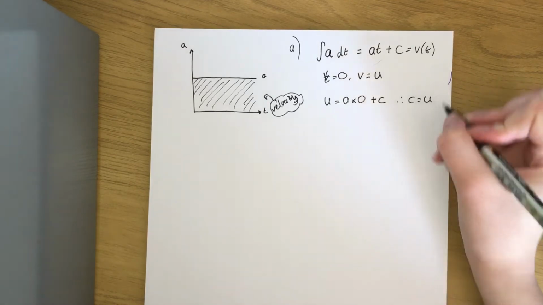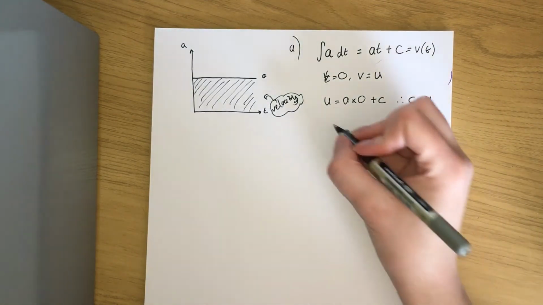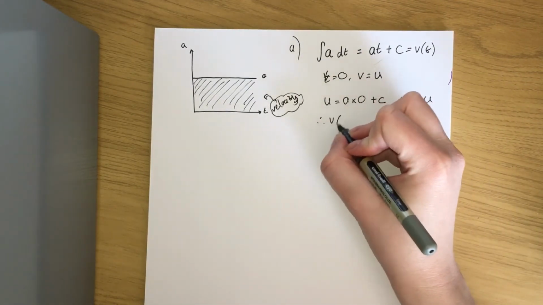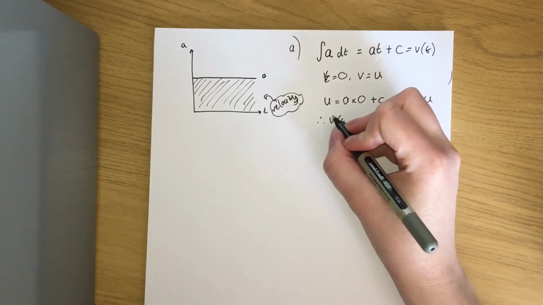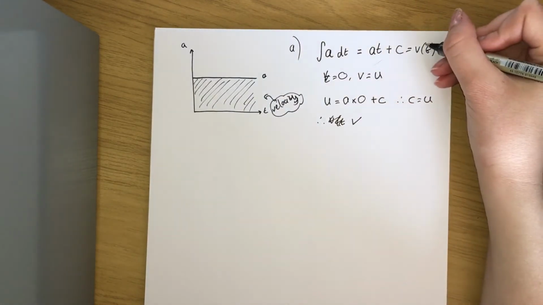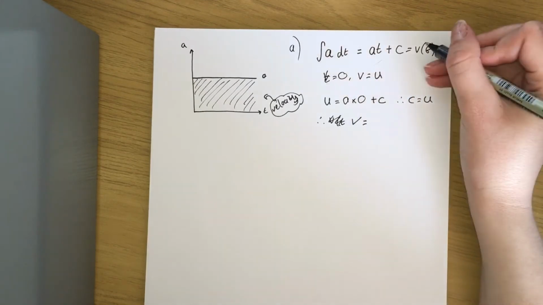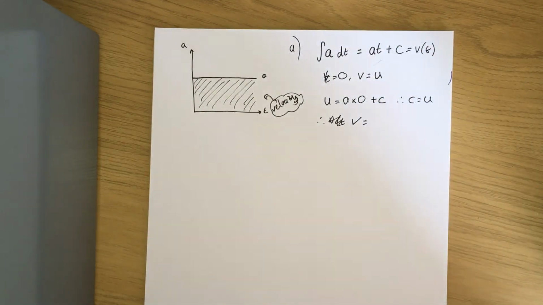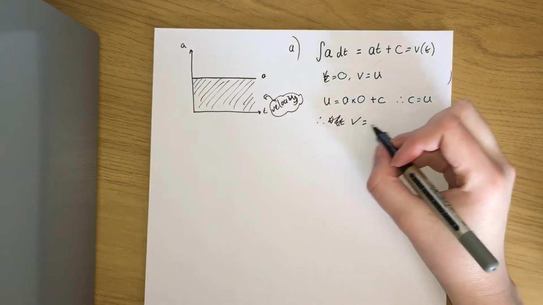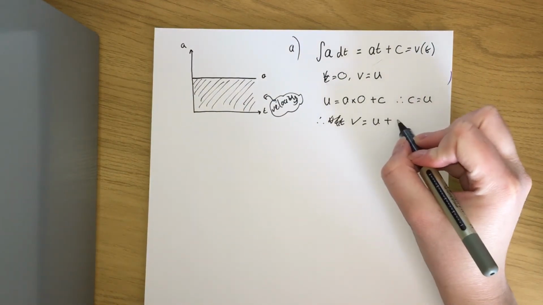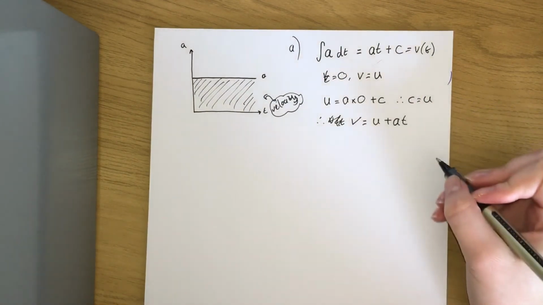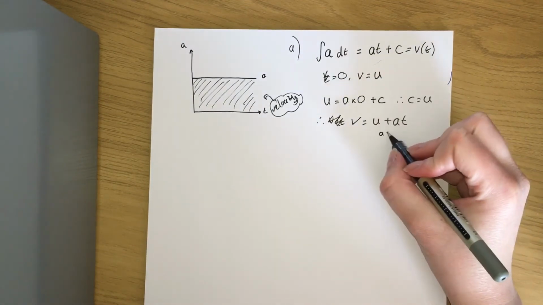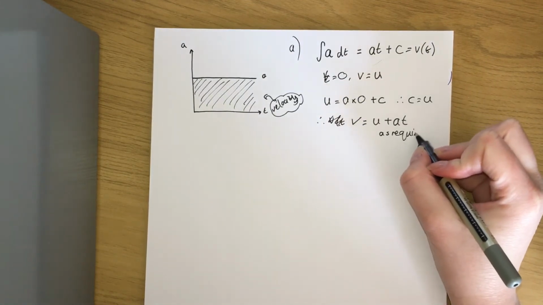Therefore, c must be equal to 0. Therefore, velocity is equal to, because you don't need the in terms of time because we know everything is in terms of time in this case, v is equal to u plus at, or at plus u, as required.